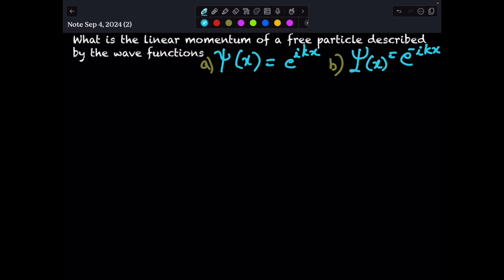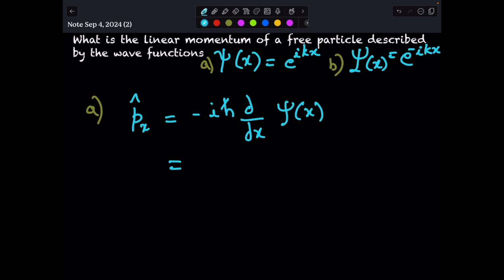So we saw from the definition of the operator for linear momentum, p of x is minus i h cross dou by dou x. So operating this on the function psi of x, we get minus i h cross dou by dou x of e to the power ikx.